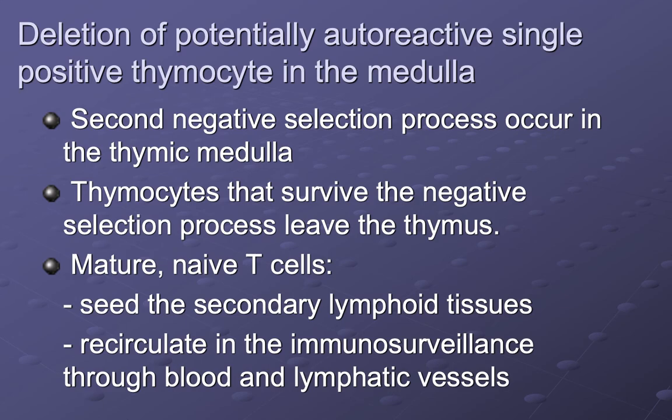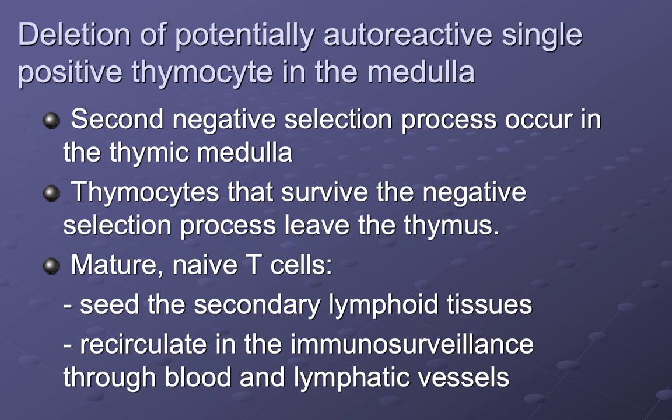Then thymocytes that survive this second negative selection are now processed to leave the thymus. These mature, naive T cells are now ready to seed secondary lymphoid tissues, or they can be disposed as circulating T cells for immunosurveillance through our blood and lymphatic vessels.